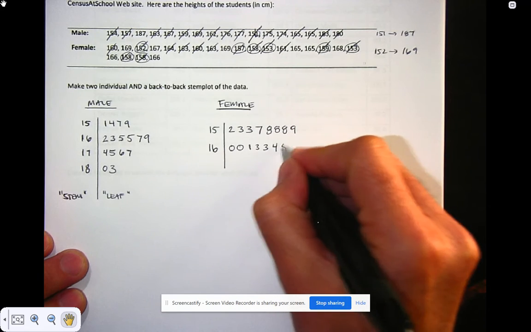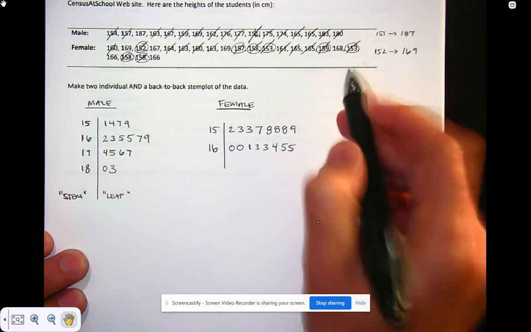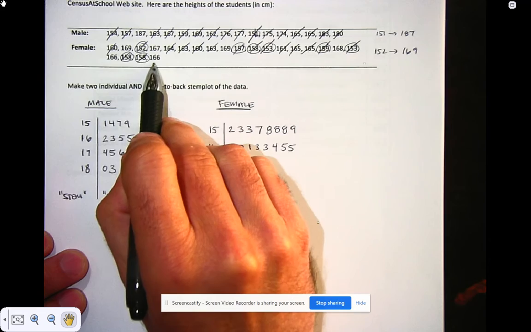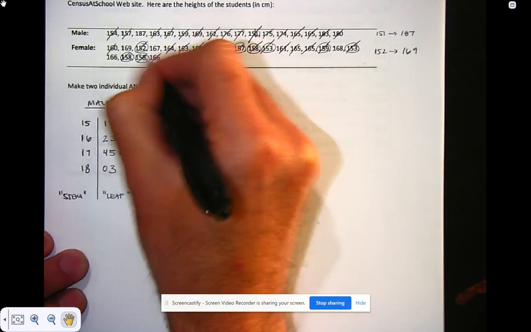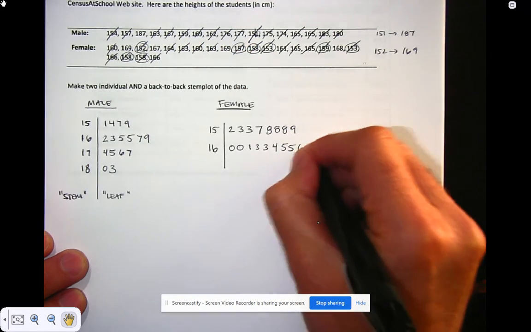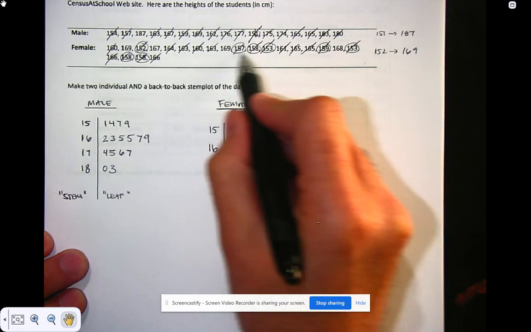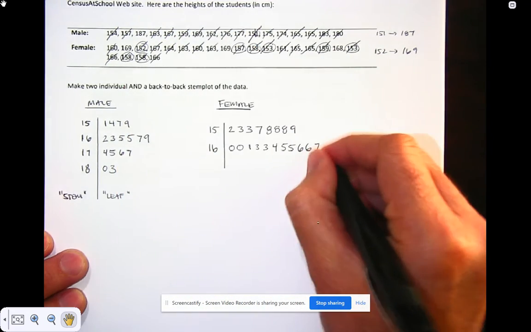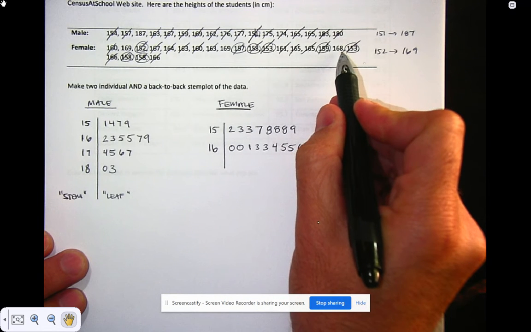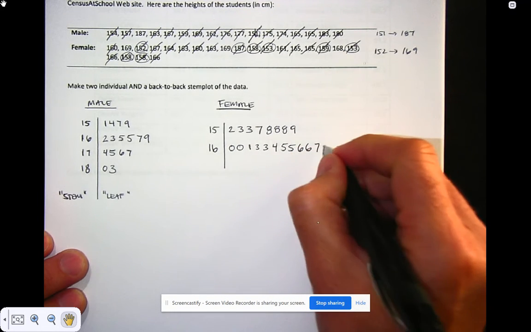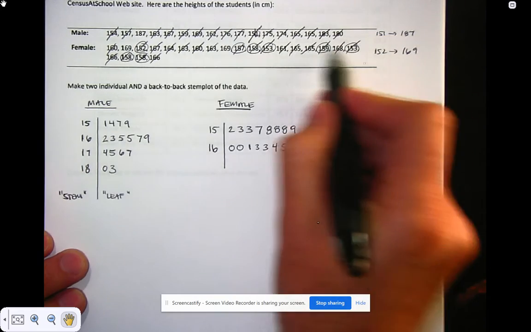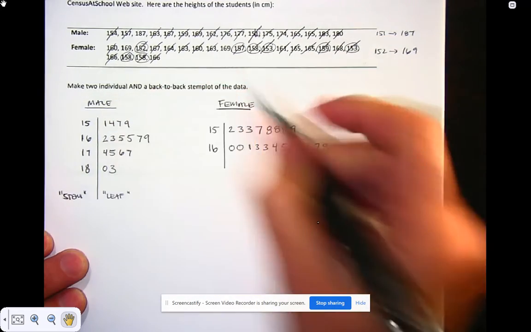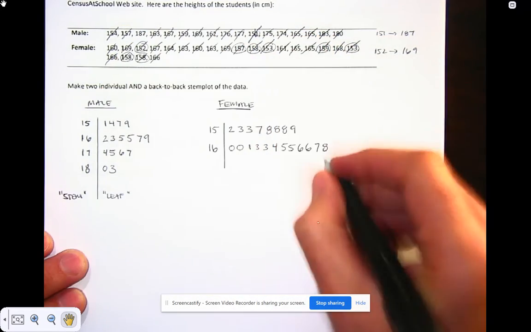So 2 5s. And then I've got 6, 6. 2 6s. And then are there any 7s? I've got a 7 right there. And there's an 8. And I think I got them all here. 2 9s. And we're good.